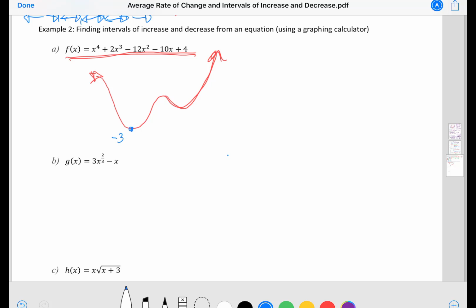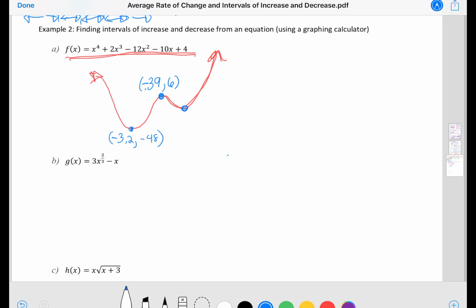This is going to be the point -3.2, -48. So that dips down pretty low. And then I have a local minimum, or local maximum, at -3.9, -0.39 and 6.